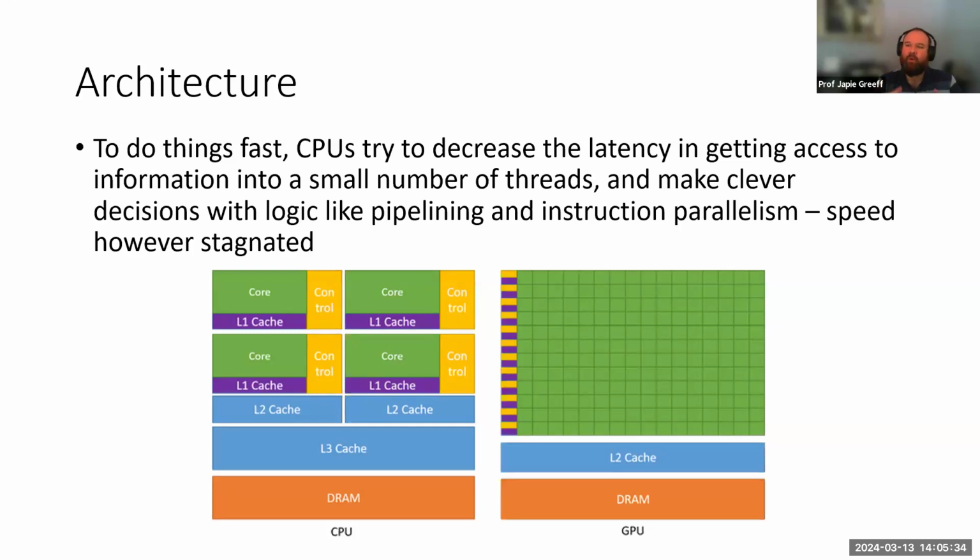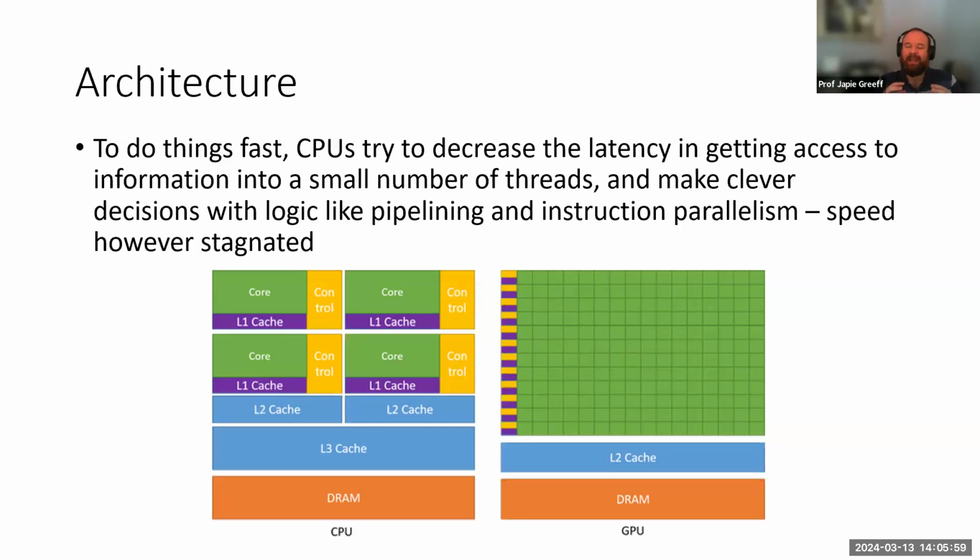In order to decrease this latency, it's going to do lots of clever things with logic. It's going to do things like pipelining instructions so that they can run one instruction per clock cycle. We're going to parallelize instructions on the same core, even different cores. So there's a lot of tricks we can pull in the control logic of each of the cores on our CPU.